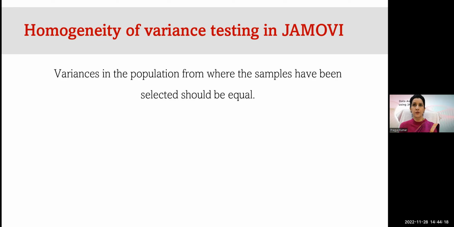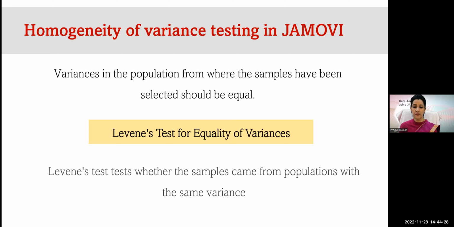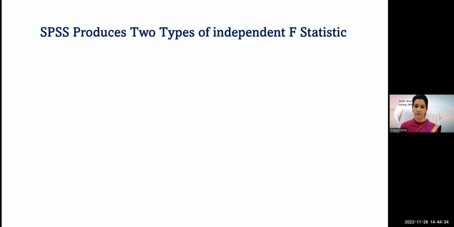So variances in the populations from where the samples have been selected should be equal. So we test it through Levene's test for equality of variance, and it tests whether the samples came from populations with the same variances.